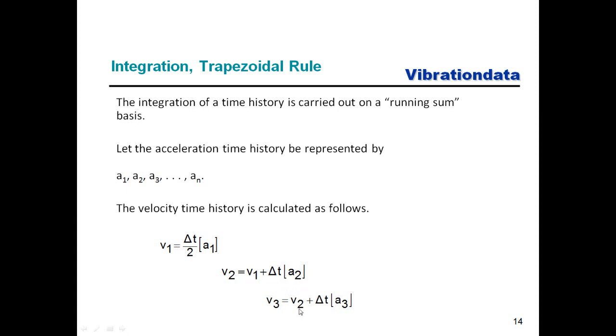And then for the third velocity, that's equal to the second velocity plus delta t, the time step, times the third acceleration point, and then so on and so forth. Then once we got to the final velocity point, we would again use this type of point where we would take the delta t and divide by 2. And it would be that last acceleration plus the running sum total velocity.